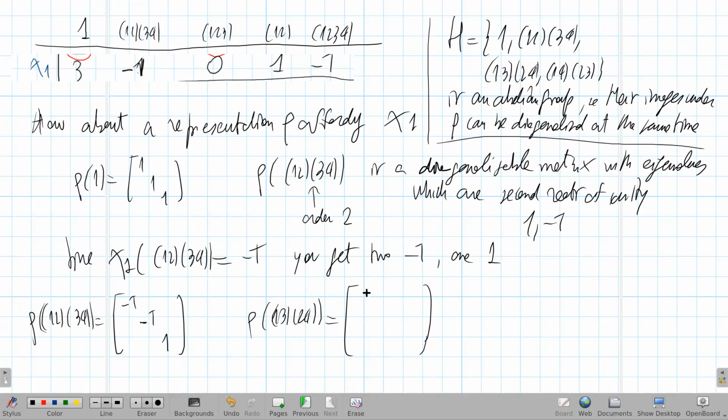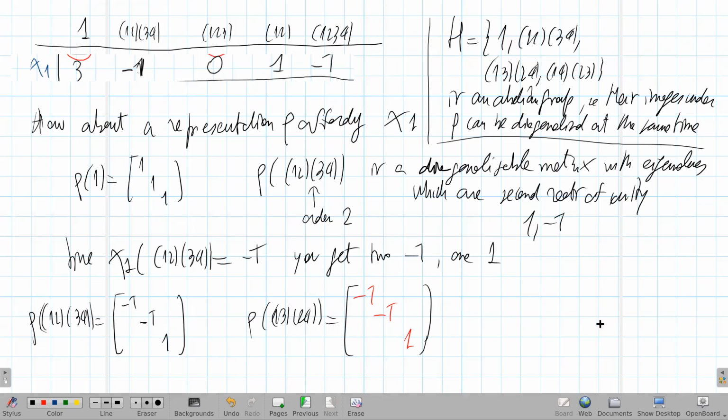It's not possible that the two 1s are exactly in the same place, because otherwise, if you take the product, you get the identity matrix, which has trace 3 and not minus 1. And the product of these two elements, 1, 2, 3, 4 and 1, 3, 2, 4, is the third element.